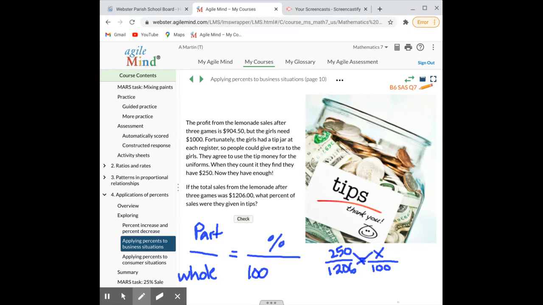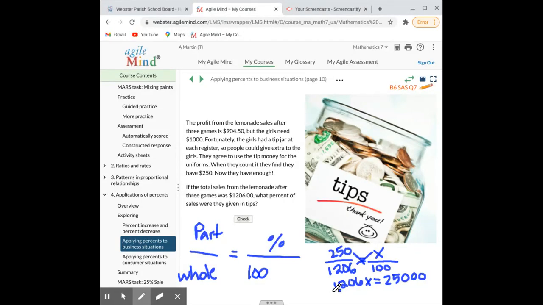So what is 250 times 100? 25,000. Great job. What is x times 1,206? 1,206x. Correct. And so that means 1,206 times x. So in order to get x by itself or to solve for x, I have to undo that.